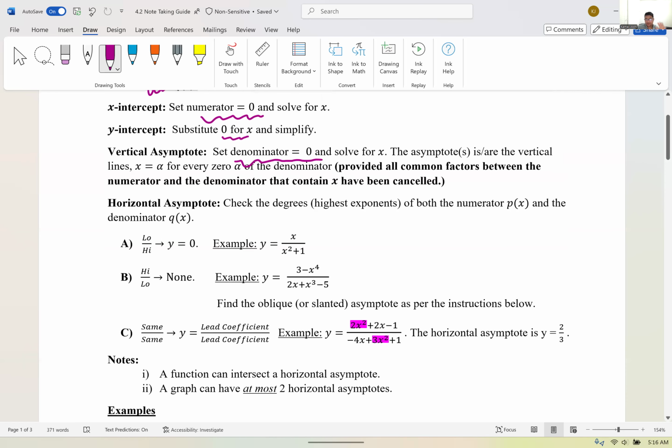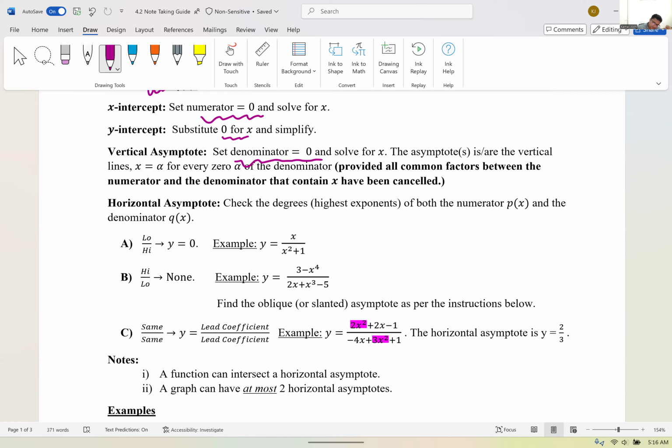Okay. Now the horizontal asymptote comes when you go to either plus infinity or minus infinity, right? On the two extremes. We cannot plug in infinity, but we can have an intuitive idea whether the asymptote will exist or not. Okay. How?